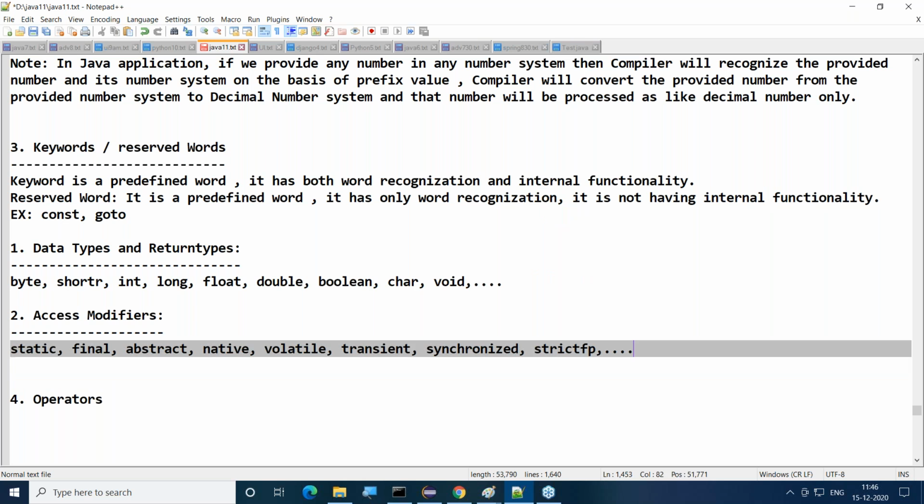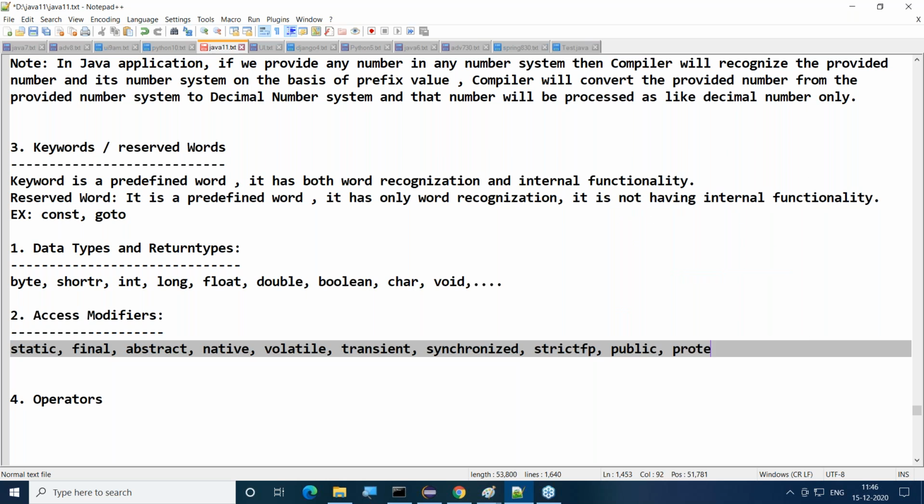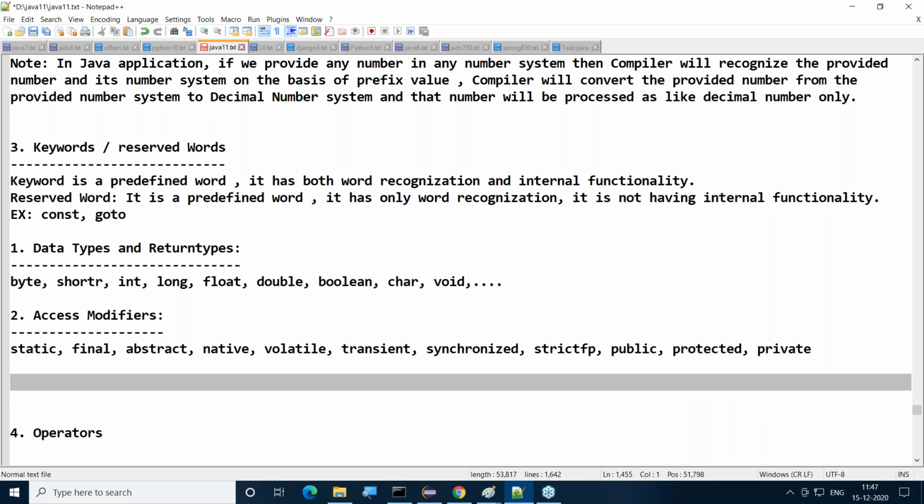If anything is remaining, apart from this we are able to use public, protected, private. These are also access modifiers. We can understand it clearly now.